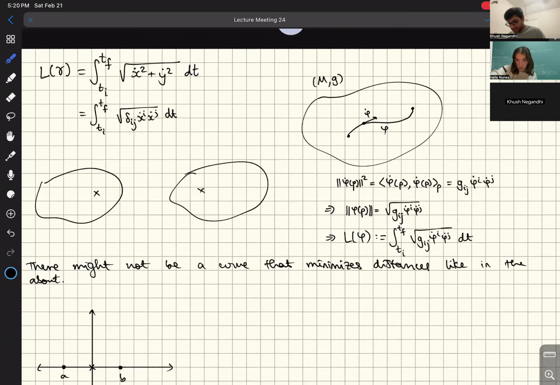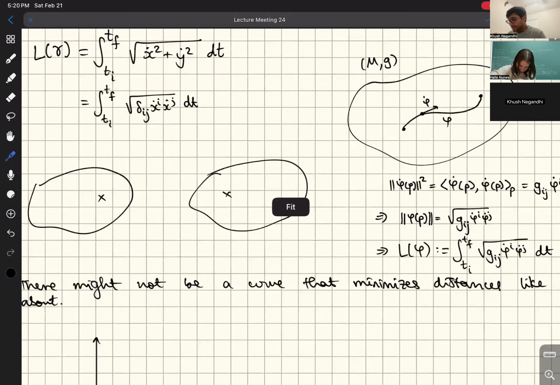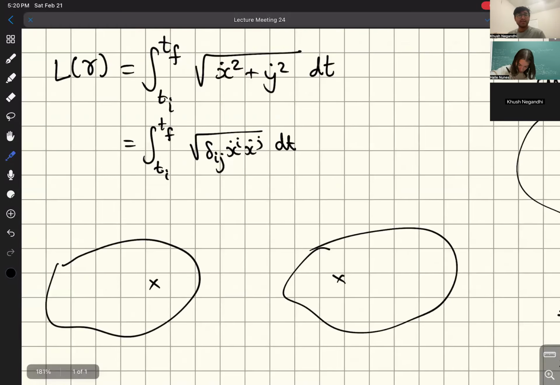Okay, with this, now let's come back to the length function, because now our goal is to minimize this length function. Let's look at what the general structure of this length function is. Firstly, we note that it's a linear functional.